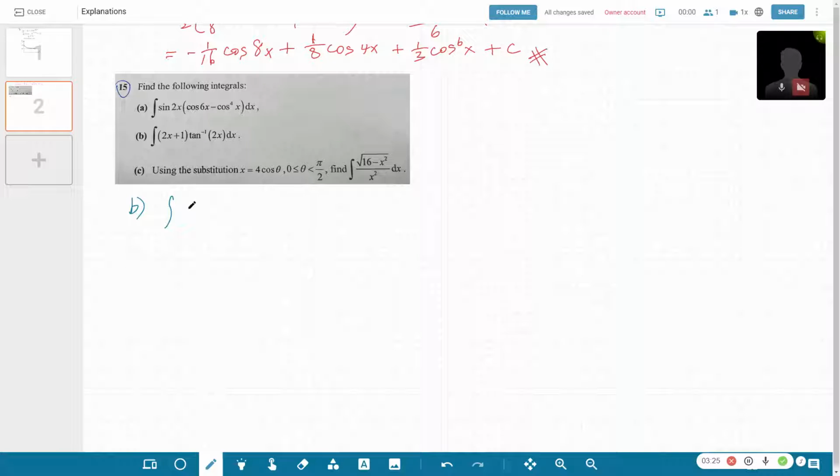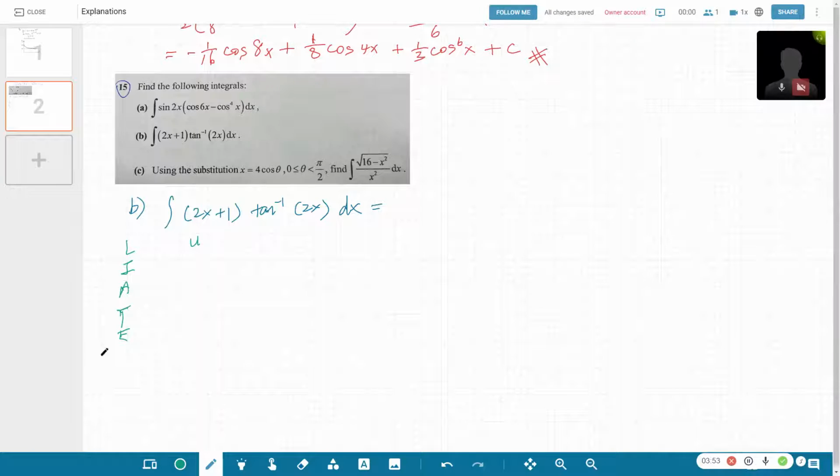So integrate of 2x plus 1 tangent inverse of 2x. I'll just put an equal sign the other side. So you can see from here that we are going to get our u as 2x plus 1. No, u should be tangent inverse 2x, mistake. This is based on LIATE.